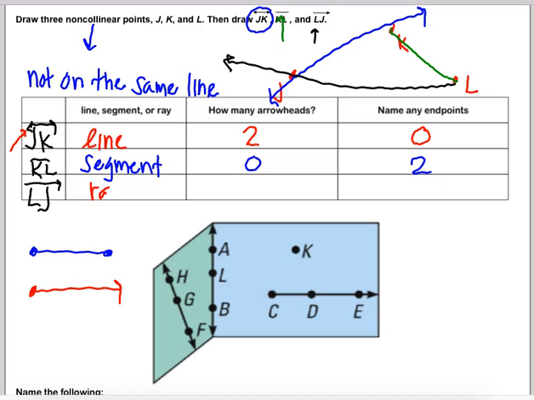So here's ray, and again, it has an endpoint which it starts at, and then goes on forever. So it has 1 arrowhead and 1 endpoint. Okay, hope that makes sense for everyone. If not, we're spending tomorrow on this material too.